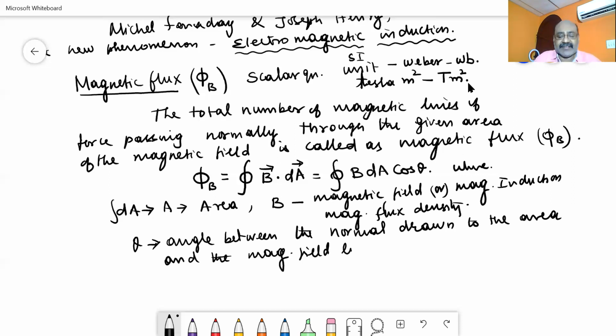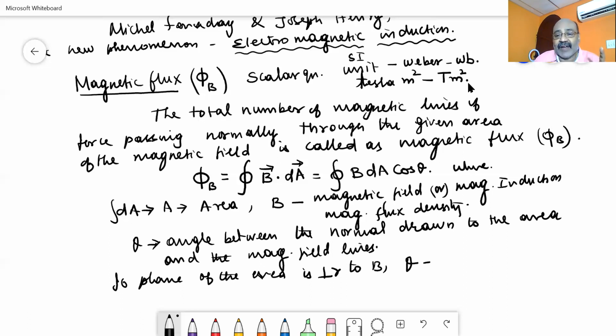So if the plane of the area is perpendicular to the magnetic field, then theta equals 0. Therefore, the flux phi B is equal to B into A. Because if the plane is perpendicular, the normal drawn to the area and the magnetic lines are parallel. So theta becomes 0. So phi B is equal to B into A.